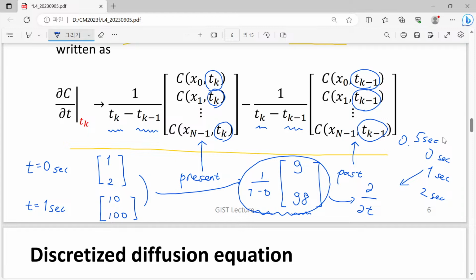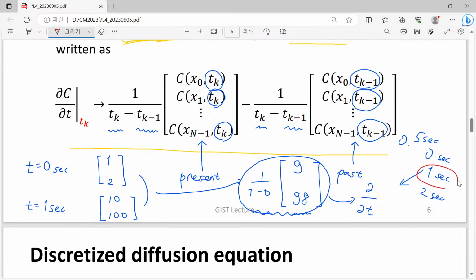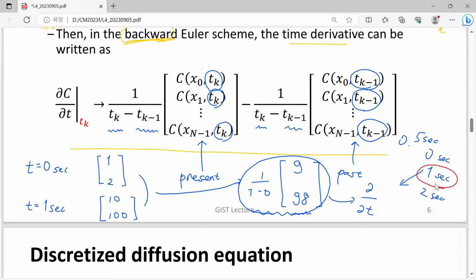So what is the answer? The answer is, if we take the backward-Euler scheme, then we have to assign this quantity at this 1 second time point. So this is really important, where we assign this time difference, to which time instance.